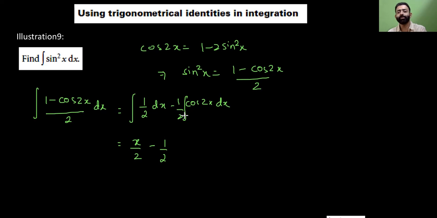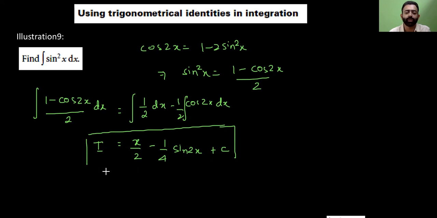The integral of cos 2x will be sin 2x upon 2, and that upon 2 and this 2 will be 4. So I am writing this directly: minus 1 upon 4 sin 2x plus c. This is your integral, the final answer.